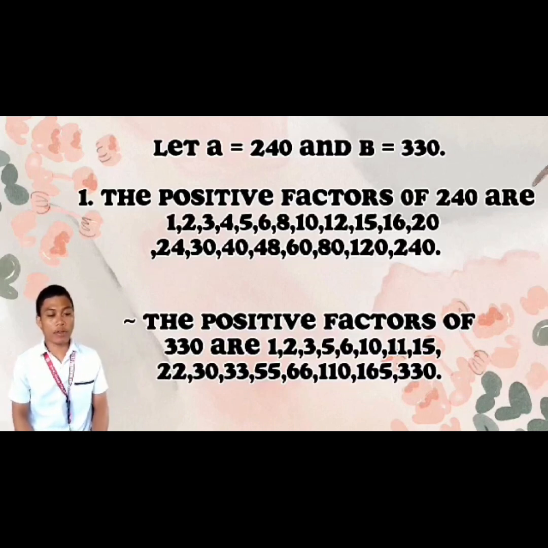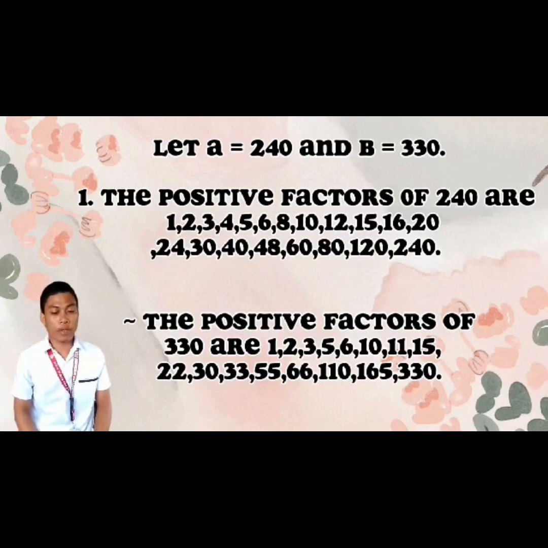1, 2, 3, 4, 5, 6, 8, 10, 12, 15, 16, 20, 24, 30, 40, 48, 60, 80, 120, and 240. And the positive factors of 330, which is our b, are 1, 2, 3, 5, 6, 10, 11, 15, 22, 30, 33, 55, 66, 110, 165, and 330.